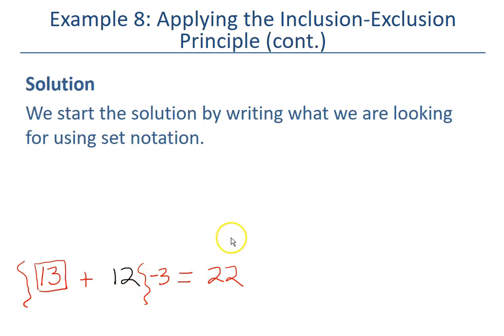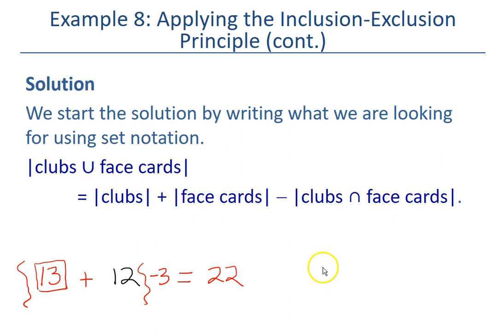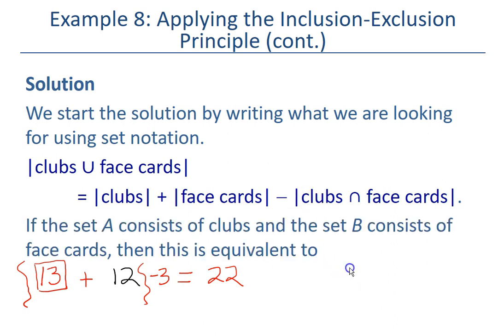I didn't use the proper set notation of this, but we were just brainstorming to see if you could follow along. I'm going to leave my work up there too. So we have the union of clubs, which there are 13, with face cards, there are 12. But keeping in mind, there are some face cards that are clubs. So that would be 3 that we would have to subtract.